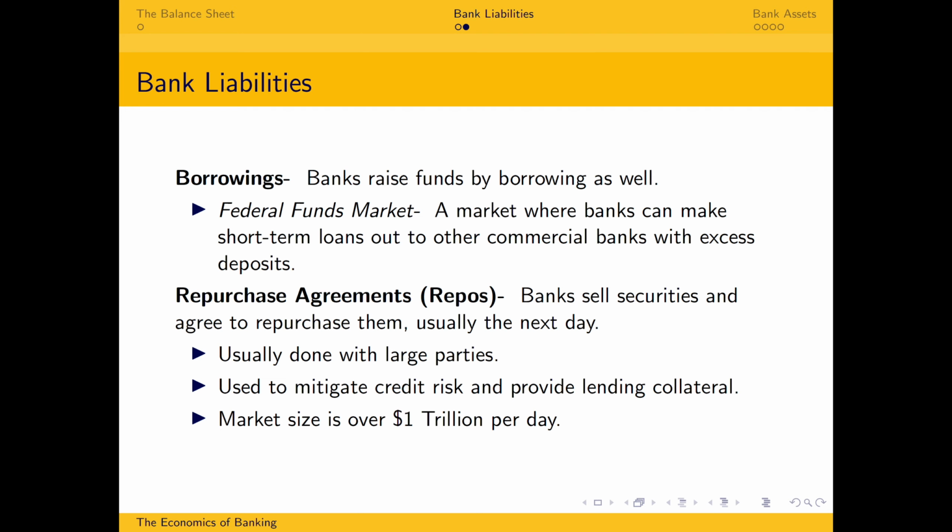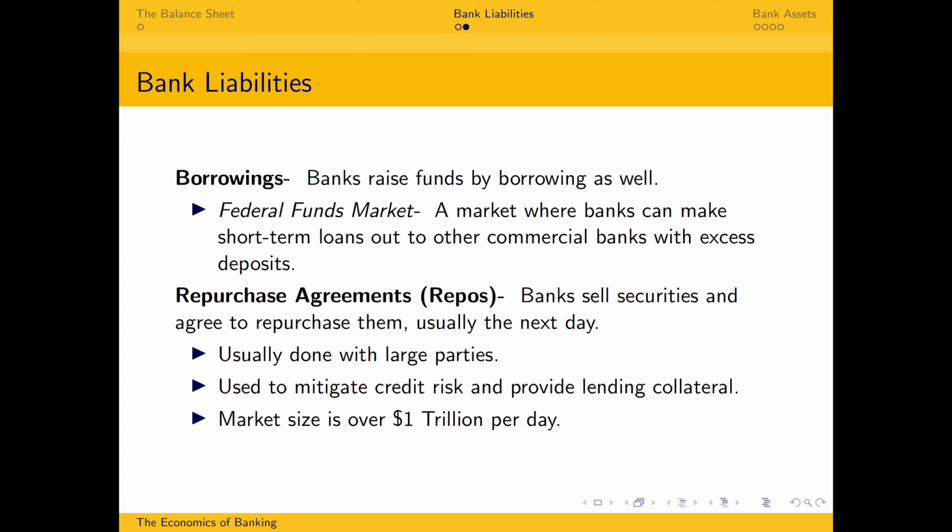Now, banks will also raise funds by borrowing, and the most popular way they do this is through the federal funds market. And this is where banks will exchange short-term loans with other banks when they have excess deposits.